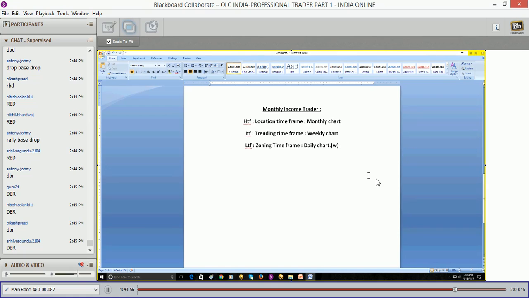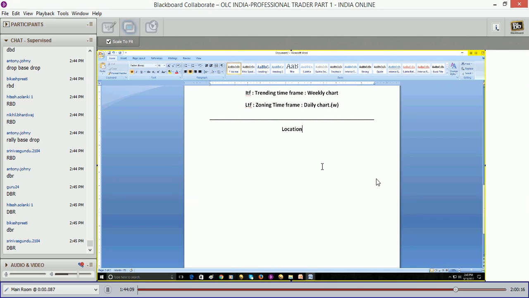Let's get on with the whole concept of location. The word location is also called big picture, because it gives you an overview of the bigger scheme of things.